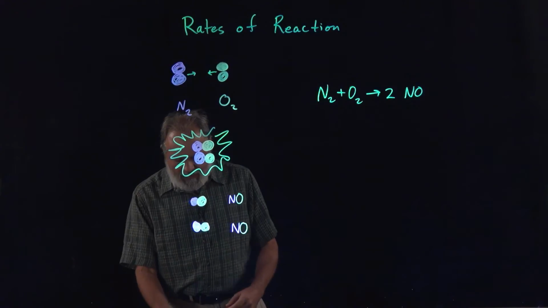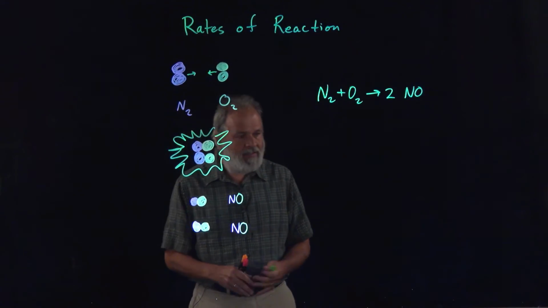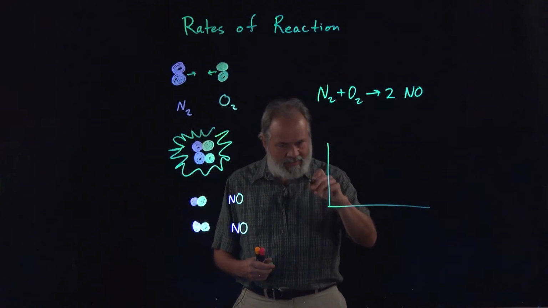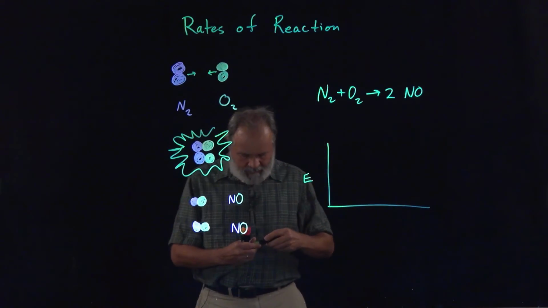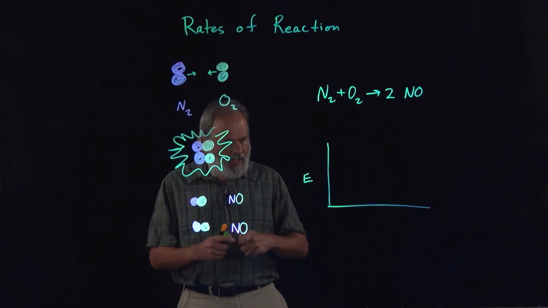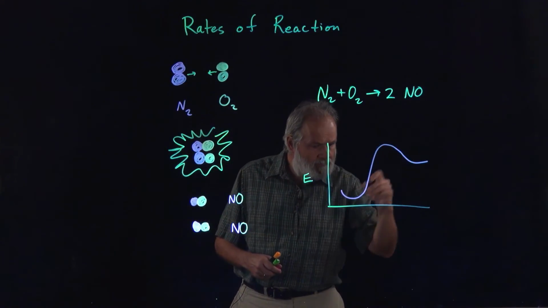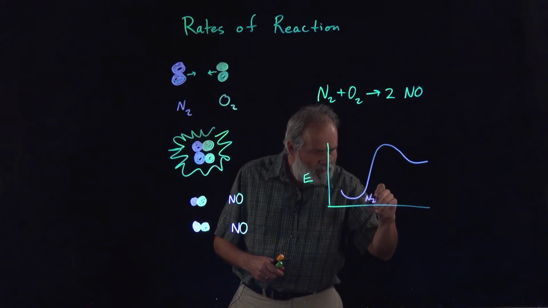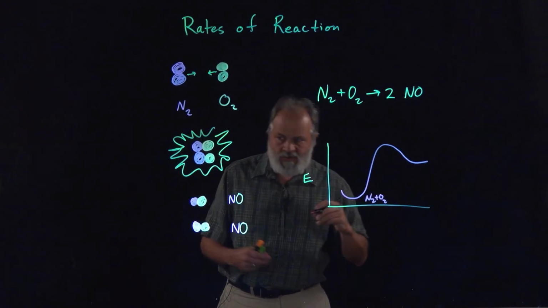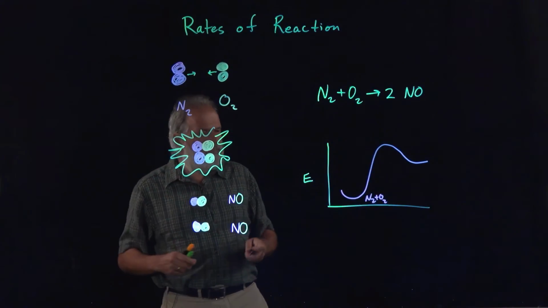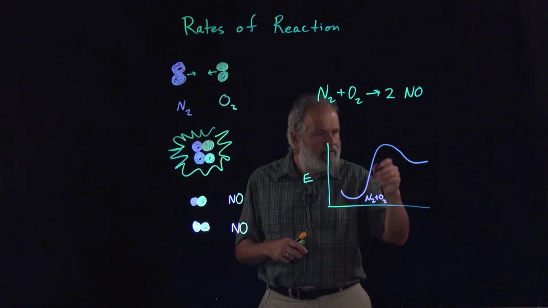So there's a graph that shows the dependence on the collision. So this is the total energy of the molecules. Let's say the nitrogen and oxygen have a certain energy, all right? And then they collide.